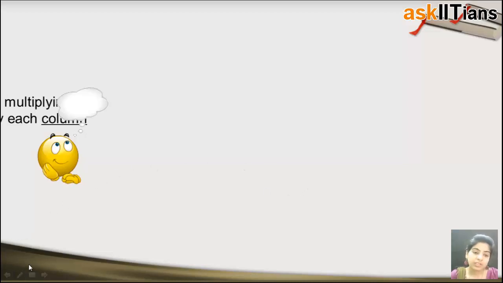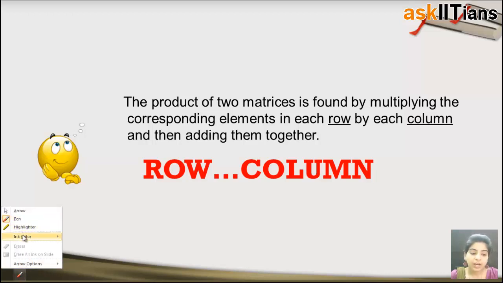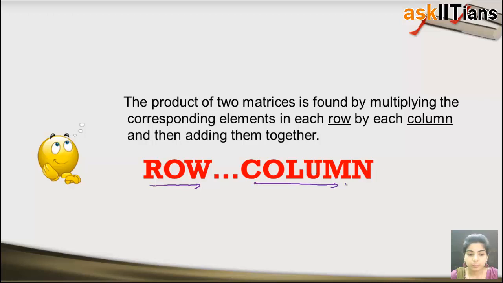So what is the next thing? When you multiply two matrices, you just need to remember one thing, which is that once you start multiplying, the system that you need to follow is row and then column.